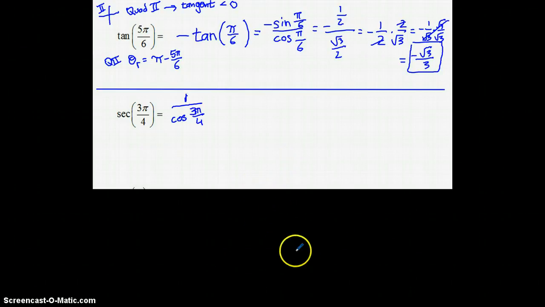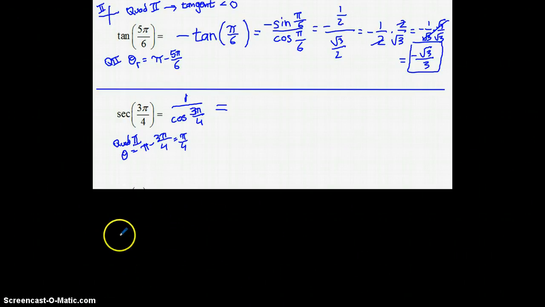So, what quadrant? Well, 3 pi over 4 is in the second quadrant. And the reference angle, because of the second quadrant, is going to be pi minus 3 pi over 4, which is just pi over 4. What sign does cosine have in the second quadrant?